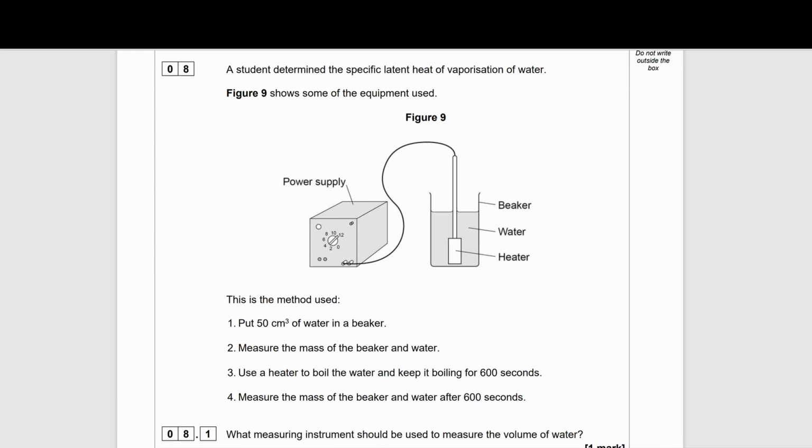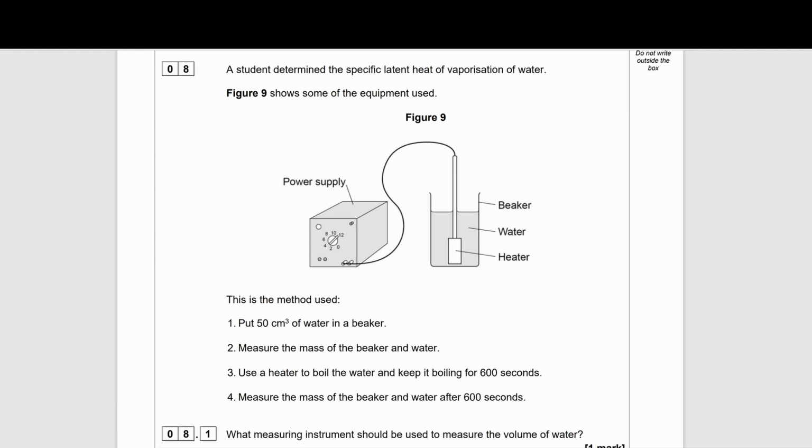This is the method used. Put 50 centimeter cubed of water in a beaker. Measure the mass of the beaker and water. Use a heater to boil the water and keep it boiling for 600 seconds. Measure the mass of the beaker and water after 600 seconds.